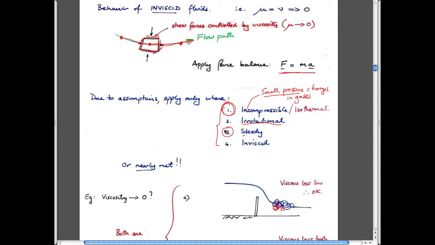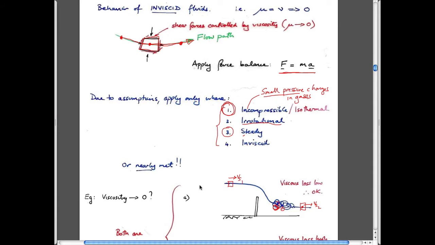Steady behavior means that it's not changing in time. In other words, if you look sideways at a river which has a weir in it, and you look at the velocity at this particular point on the streamline at point 1, and the velocity at point 2, it has the same velocities as it does in 10 minutes time, in an hour's time, in 2 days' time.